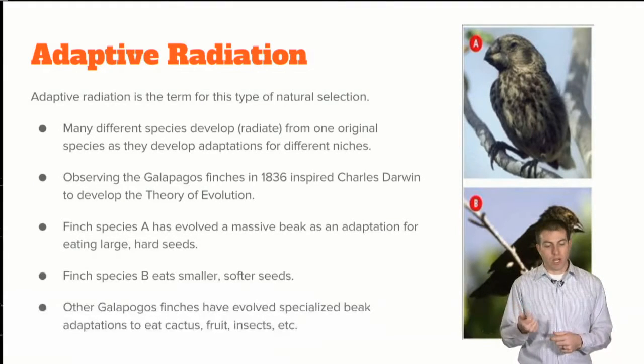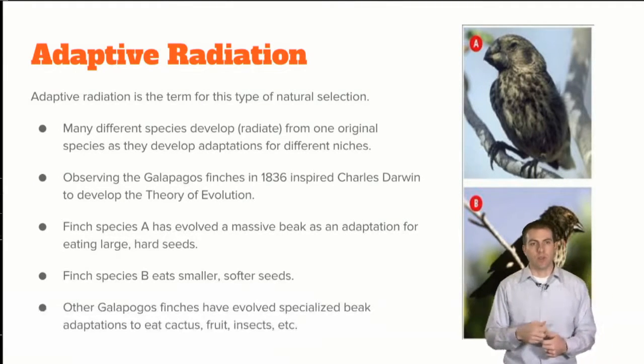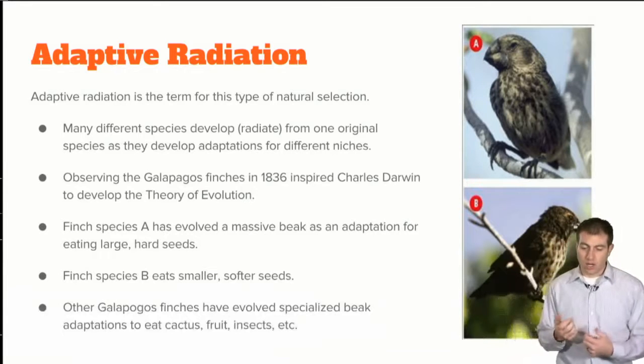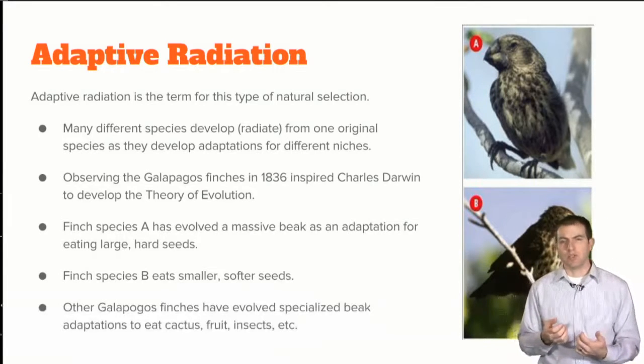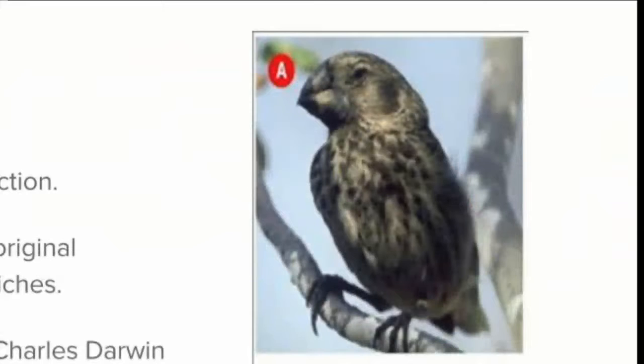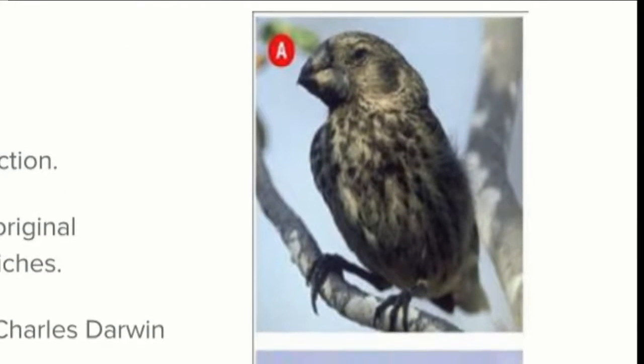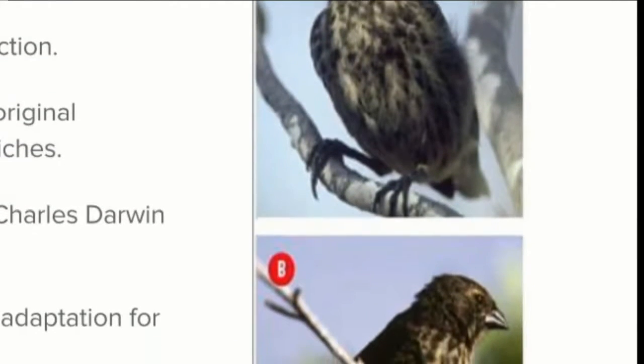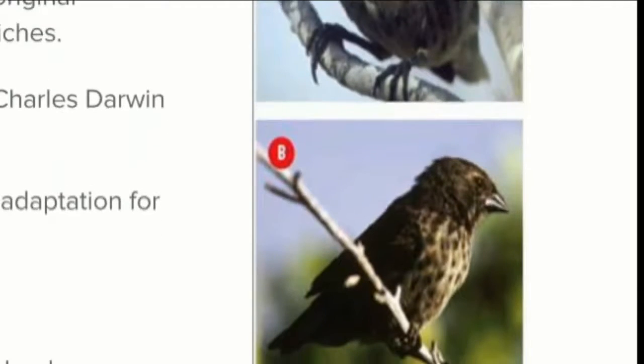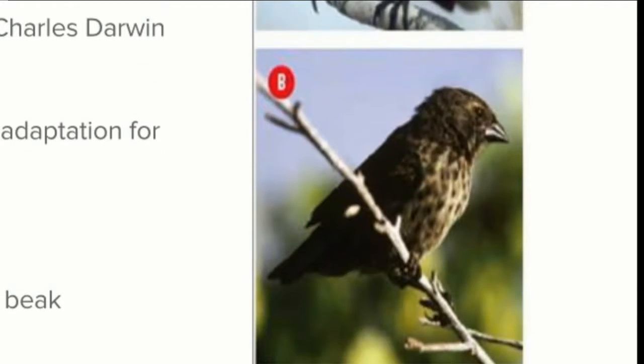The term we use to describe it is called adaptive radiation. These two finches are essentially the same bird, but you'll notice that their beaks are very different. The one on the top has a really wide beak, and the one on the bottom has a really pointed beak. This is an example of an adaptation that happened to these animals based on their environment.